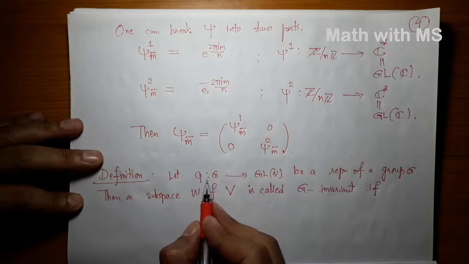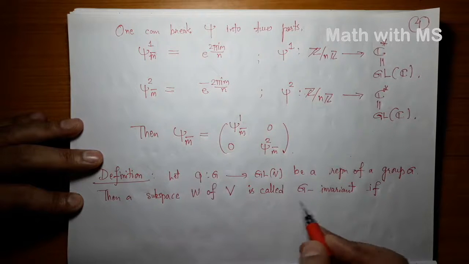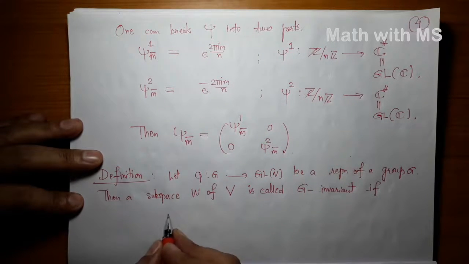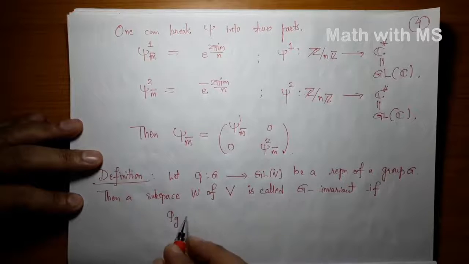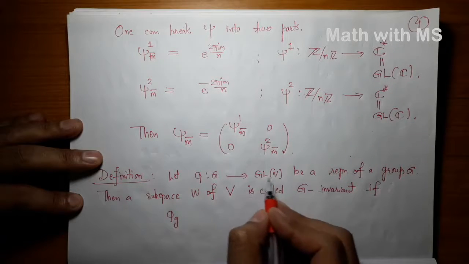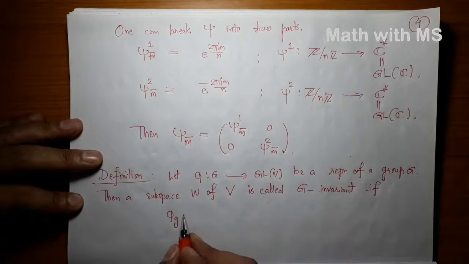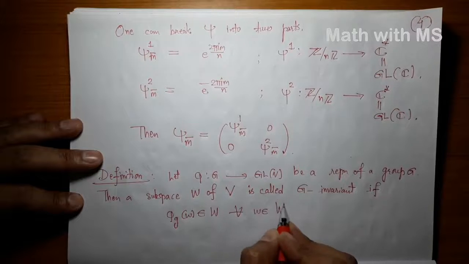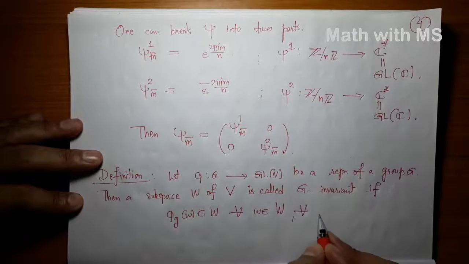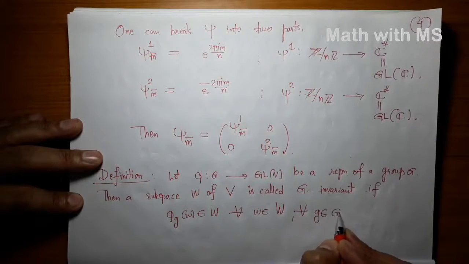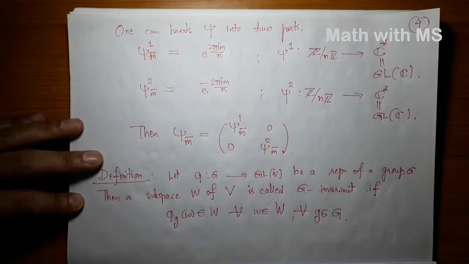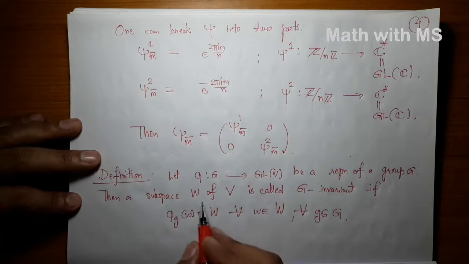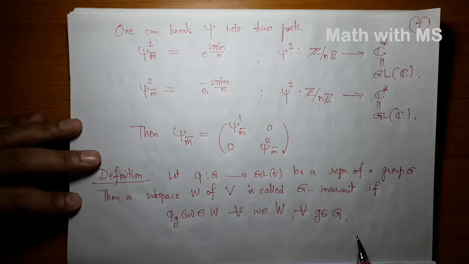You see, a representation is just an action of the group G on the vector space. So G-invariant if, look at this phi(g). Each phi(g) is a linear transformation here. I want that whenever it acts on an element of W, it should fall in W, for all little w in capital W and for all g in the group G. Then we say that W is a G-invariant subspace.